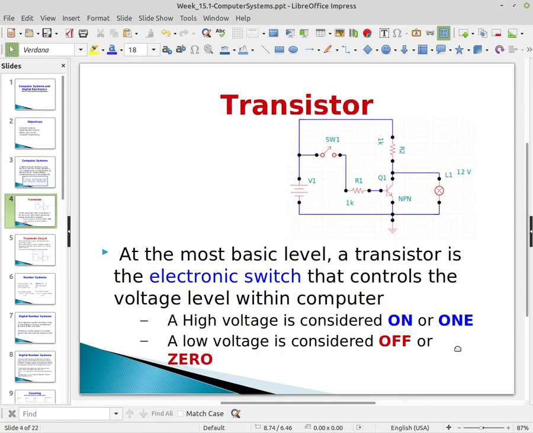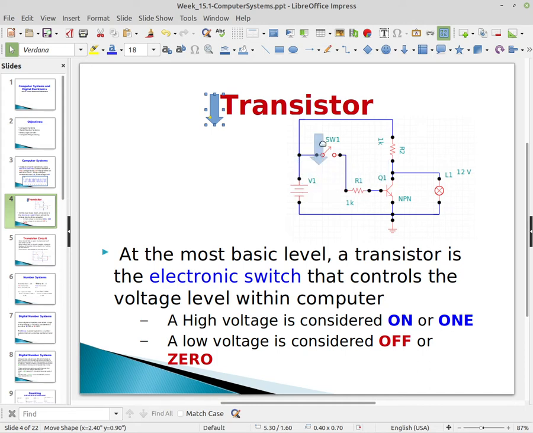So this is a simple transistor circuit showing kind of what would be happening inside of the computer. This is a NPN bipolar transistor here labeled Q1. So this right here is actually the transistor, and we of course have a voltage source.